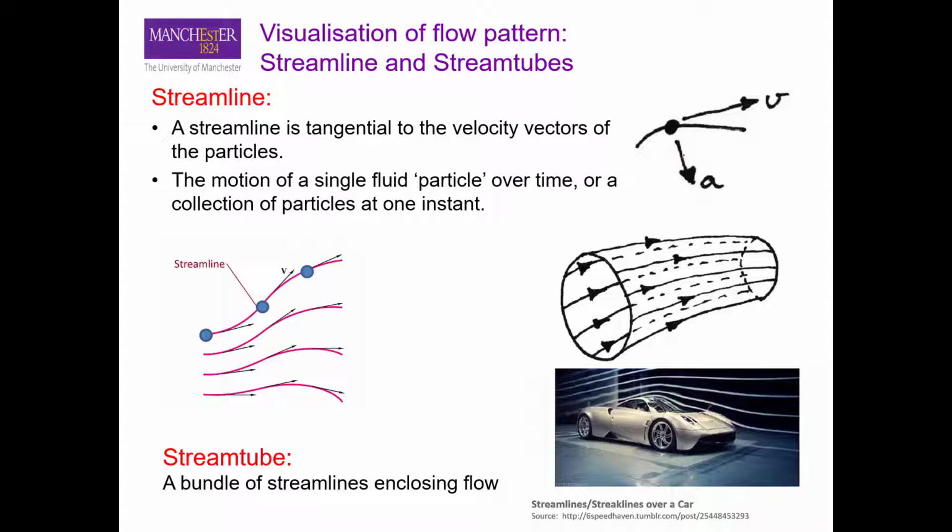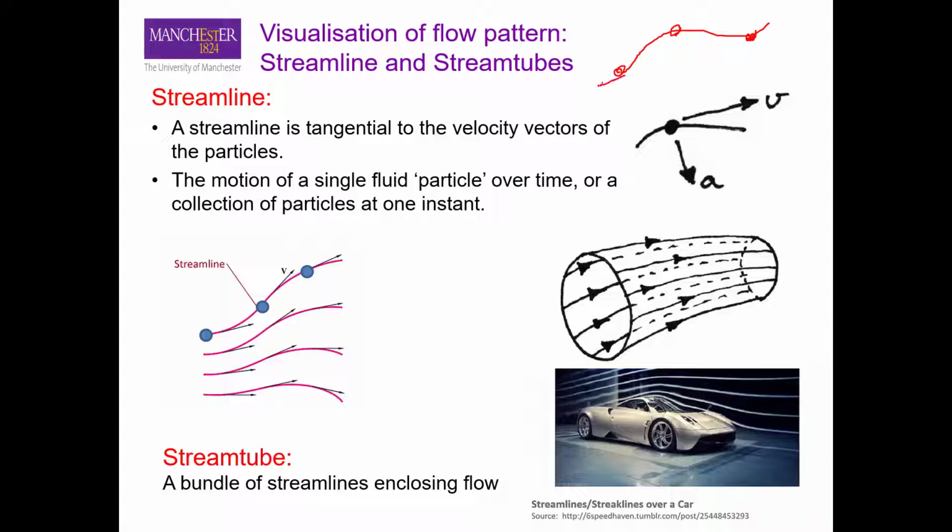Okay, so each point will have these two vectors, and if the fluid is moving, for example, like that, and we collect and connect these points, we get a streamline.